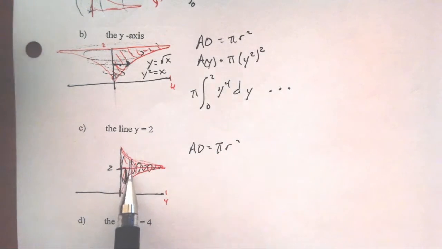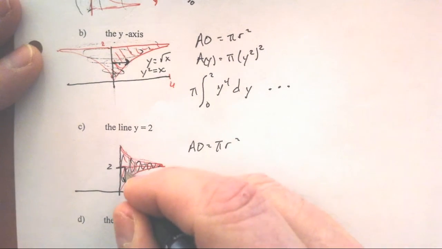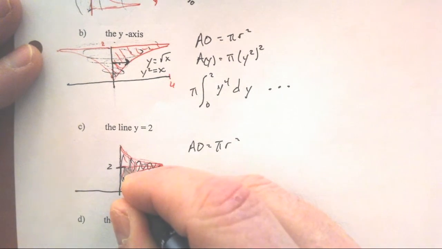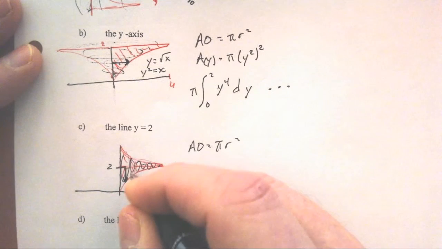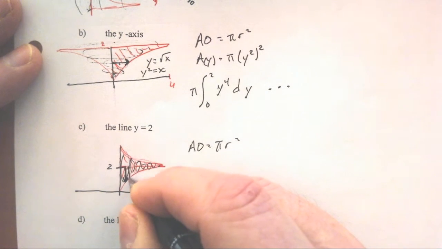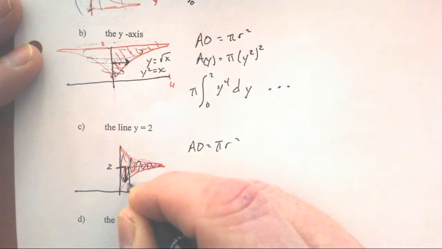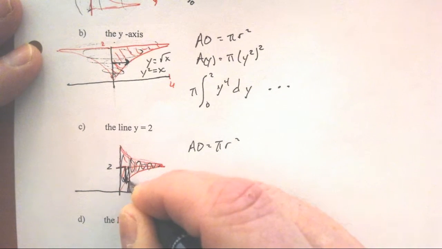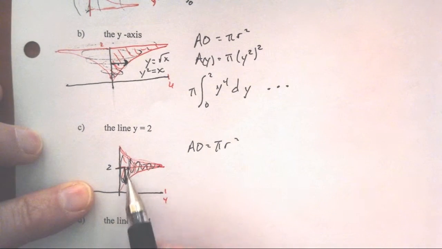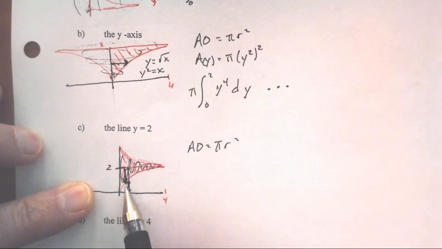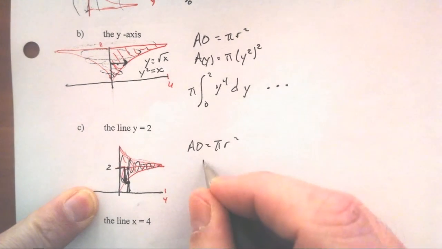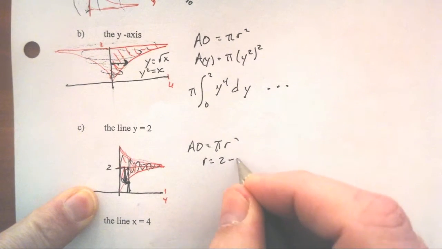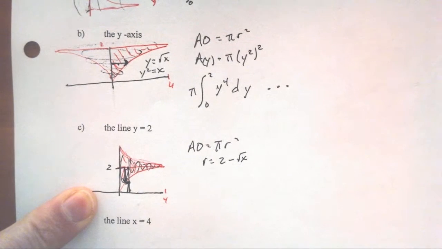However, what do I call that? Well, I could get from here to here by going from here down to there and then back up to there, which would be a radius of length 2, take away that root x. Radius is 2, take away the root x.